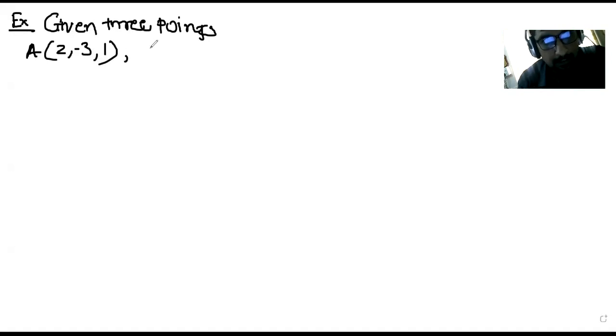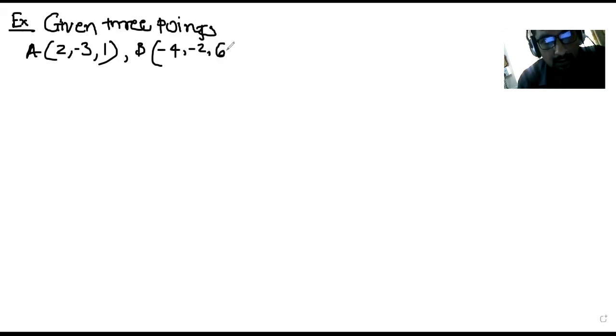The second point is point B. Point B is specified like (-4, -2, 6).